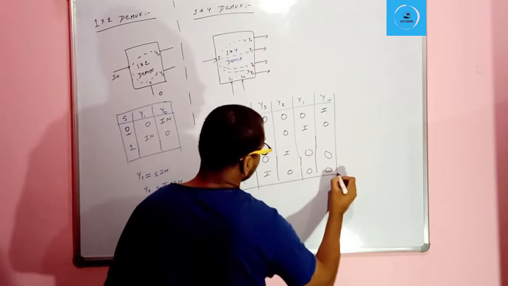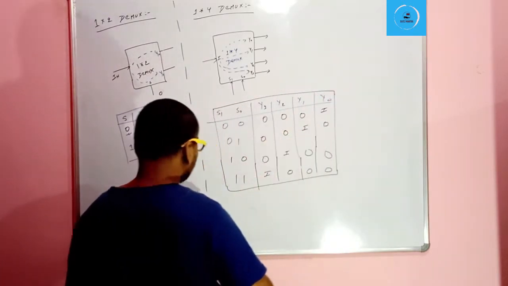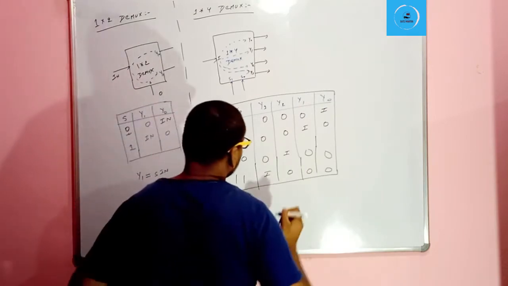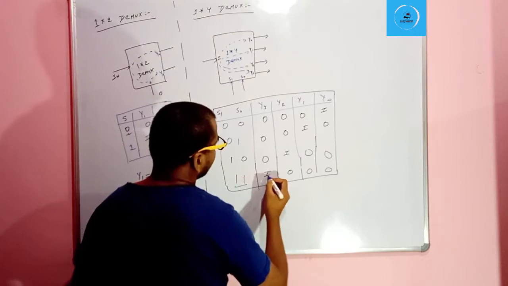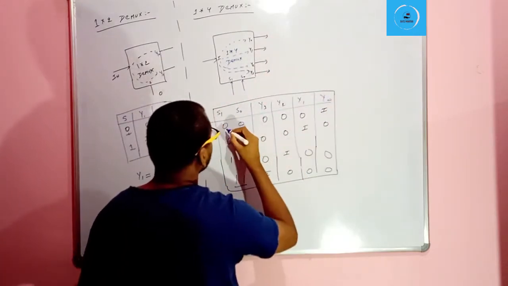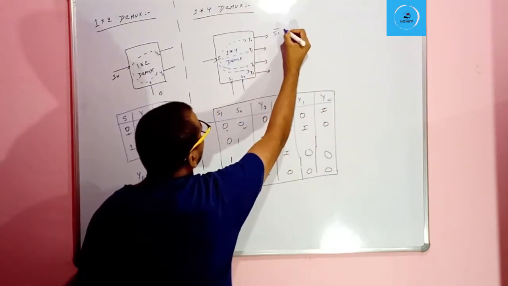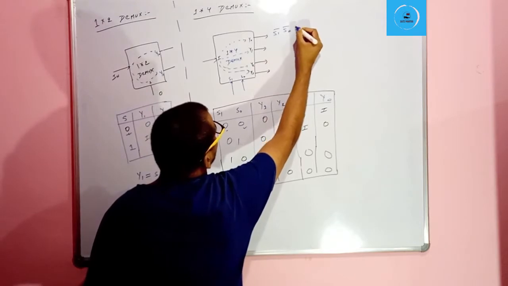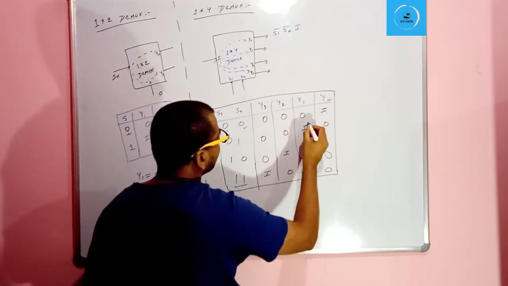So from here we can see what the outputs are. Let's start with y0. The y0 will be equal to S1 bar, S0 bar and the I. What will be y1?